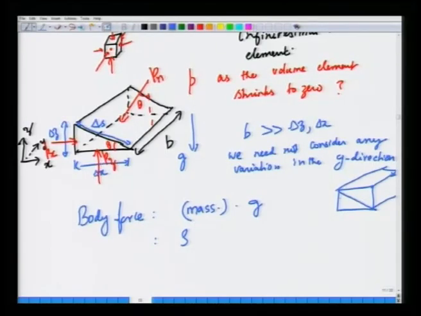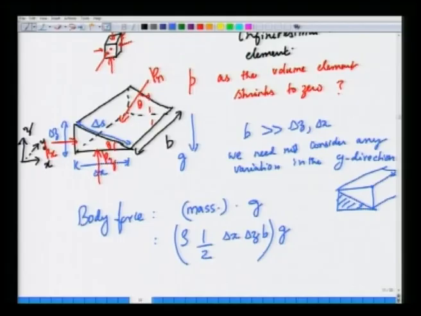So, the volume of this is half the volume of this rectangle. So, I will put half delta x delta z times b times g. This is the mass times acceleration due to gravity g. This is the body force that is acting on this wedge like volume element.